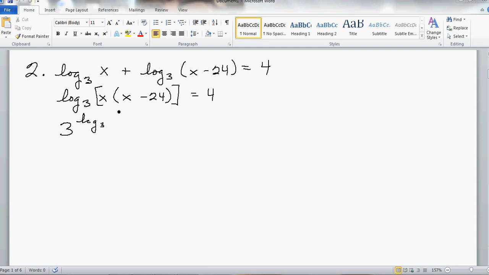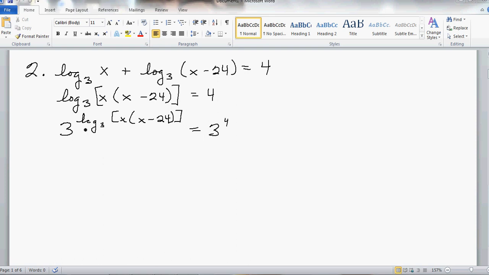Since taking it to the power is the exact opposite of the logarithm at that same base, mathematically we can't say they eliminate each other, but they do disappear.